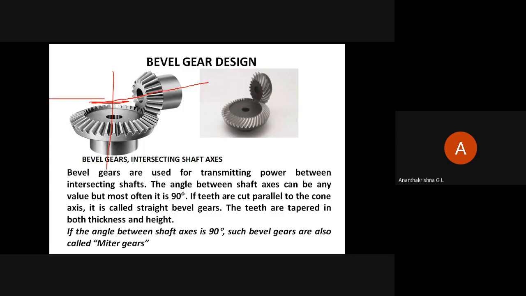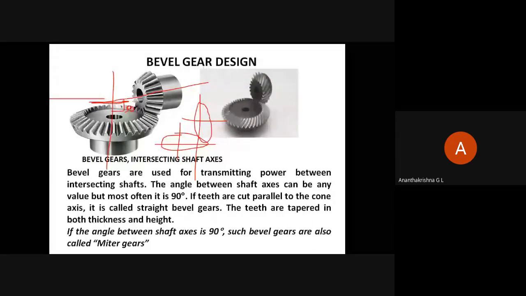Normally the angle between the shaft axes will be 90 degrees, and essentially it is used for converting drive from one plane to another plane, maybe from horizontal to vertical or from vertical to horizontal. So to convert motion between horizontal and vertical planes, bevel gears are used.